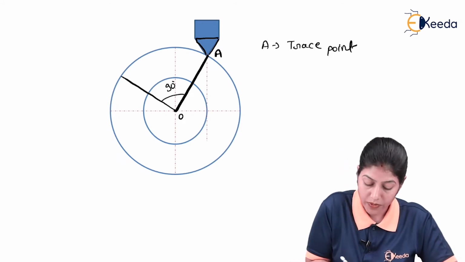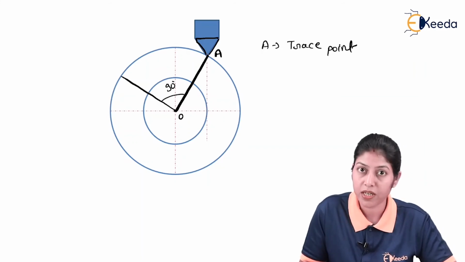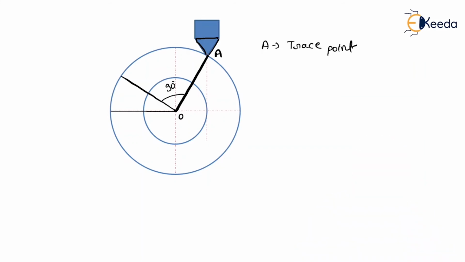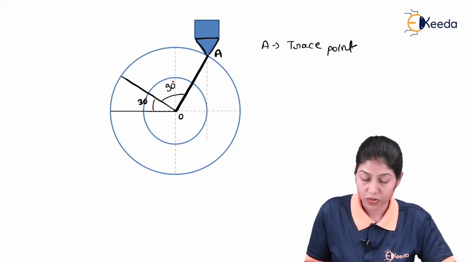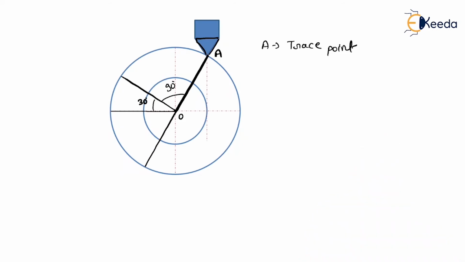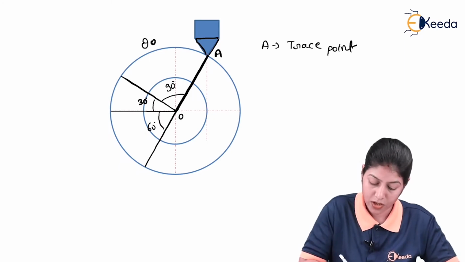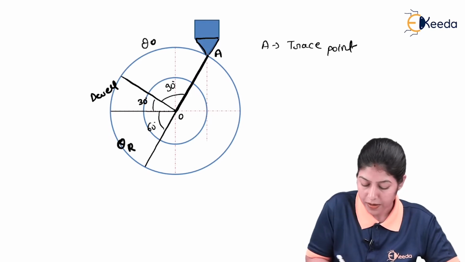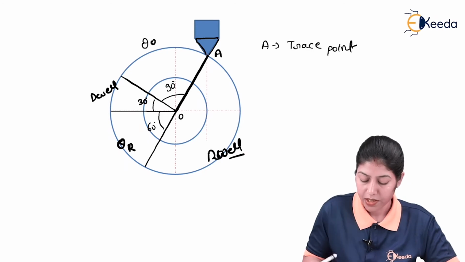After that we will define the dwell period. From here 30 degree would be the dwell period. Now after that we will define 60 degree, that is the return stroke. So this is theta o, this is dwell, this is theta r, and after that the complete will be dwell.